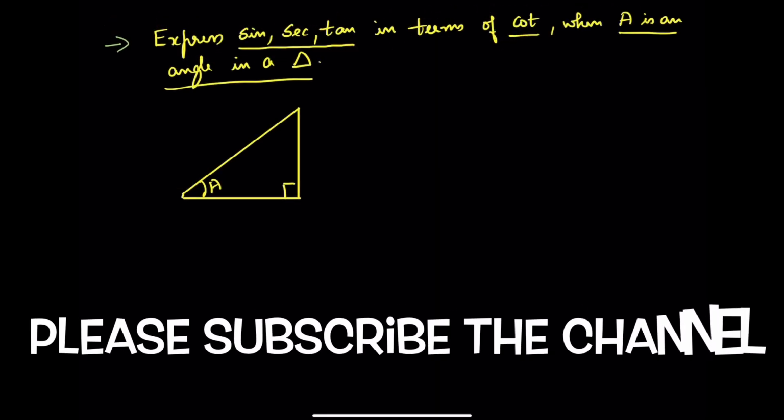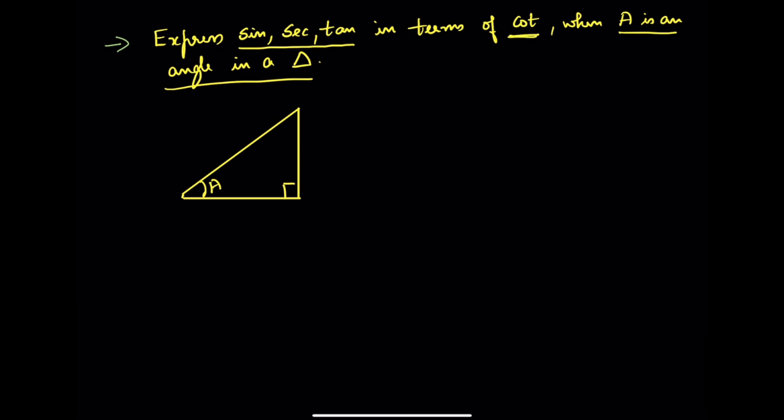Now let's solve the second problem. So here we have to express sine, secant and tan in terms of cot when A is an angle in the triangle.